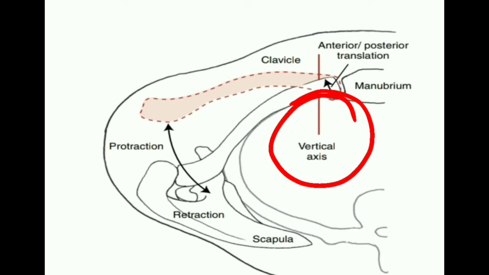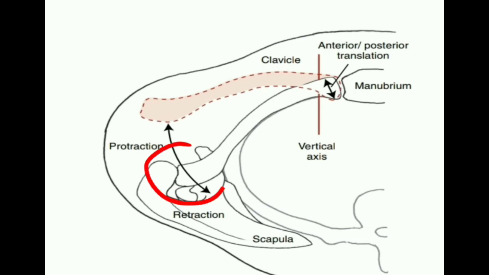So how do you define protraction? It is very simple. Protraction is defined as the lateral end of the clavicle moving anteriorly. So here you can see the lateral end of the clavicle moving anteriorly; this is known as protraction.